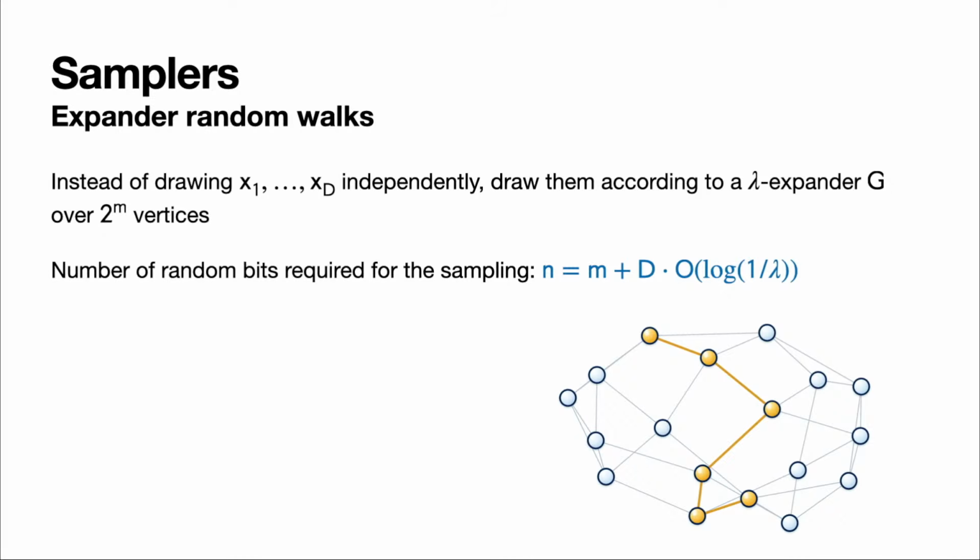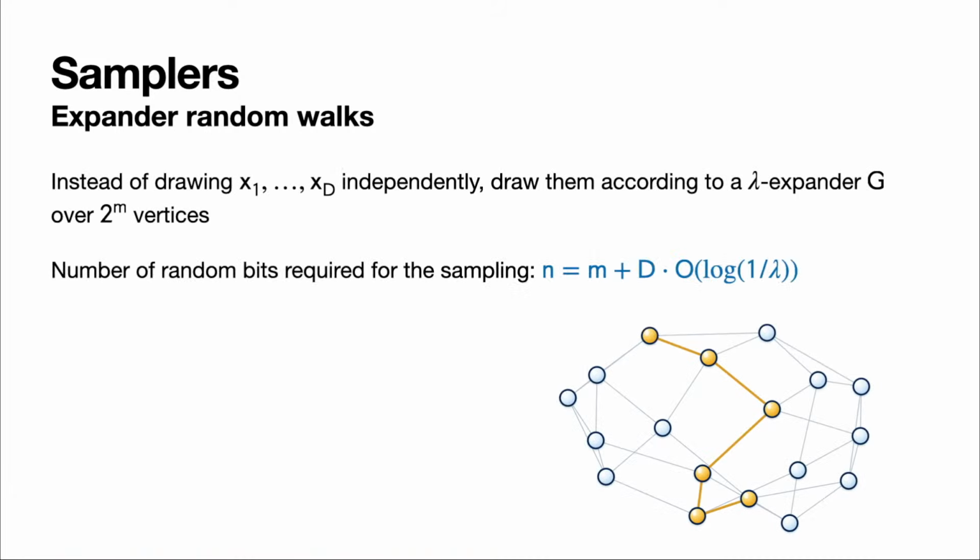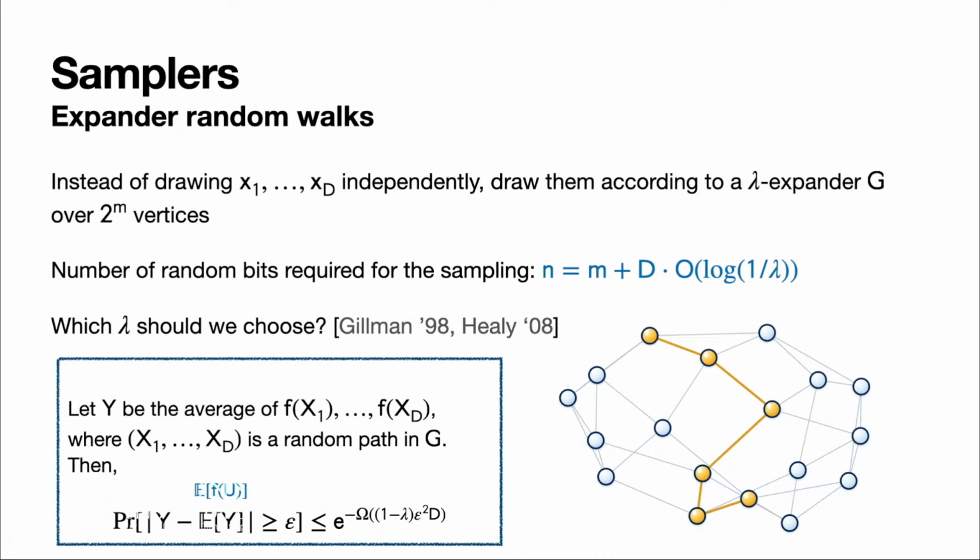And now, what do I need to do to establish the sampling property? Which property of expanders? We didn't see it in our expander talks, but it's called the expander Chernoff bound, which tells us that we get essentially the same behavior as a Chernoff bound, as with independent samples.